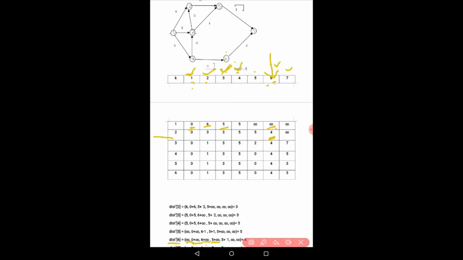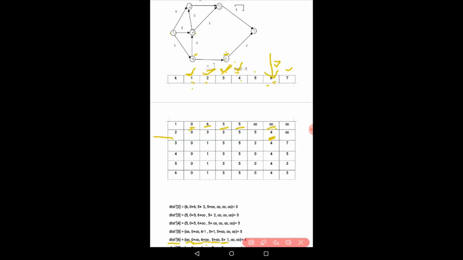Now I will go for vertex 4. Vertex 4, previous row value is 5. So 5 plus, vertex 4 to current vertex 6. Vertex 4 is this one, vertex 6 is this one. So the distance value is minus 1. So 5 plus minus 1. That value I have written. Then the fourth vertex is over.